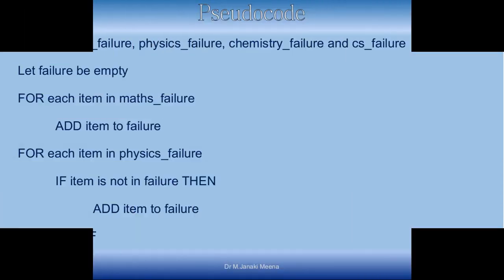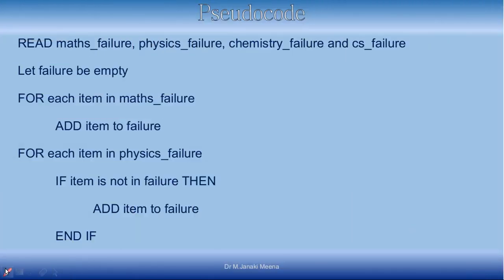So let us see the pseudocode of this particular problem. You have to read the maths failures, physics failures, chemistry failures and CS failures, and failure is a new entity. This failure is a new thing which is initially empty, and for each item in maths failure we are going to add the item to failure.